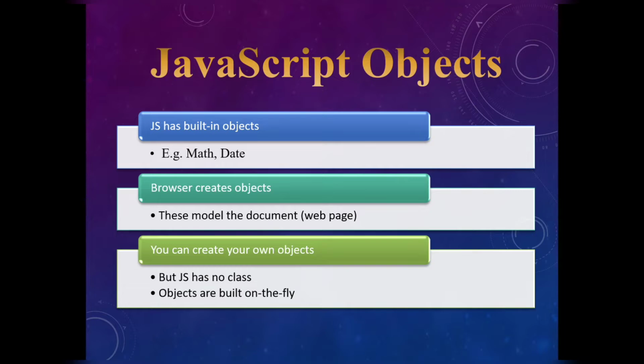For example, Math, Date, keyboard, monitor, etc. The browser also creates objects, for example the document object model, web page, window object, and screen object. You can also create your own objects.